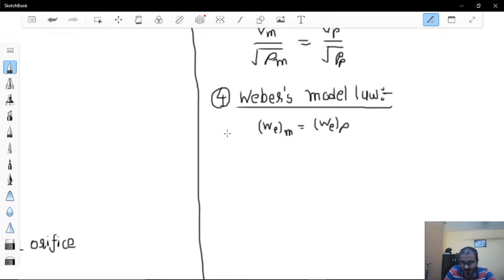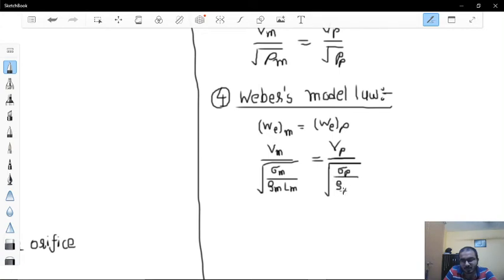So we can say that Vm divided by square root of sigma m upon rho m into Lm is equal to Vp divided by square root of sigma p upon rho p into Lp.